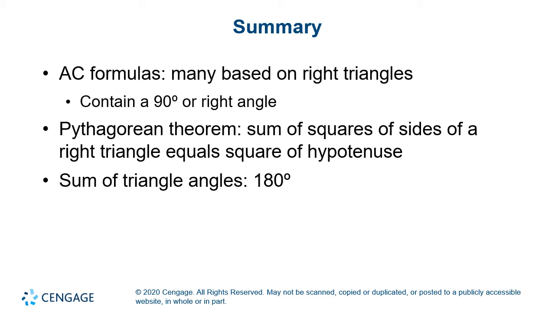If you recall, the Pythagorean theorem looks at the three sides of a right triangle, and it turns out that the sum of the square of the sides, in this case of the two smaller sides, is going to be equal to the square of the hypotenuse. Keep in mind, whenever we look at the three internal angles of a right triangle, they're going to be summing to 180 degrees.